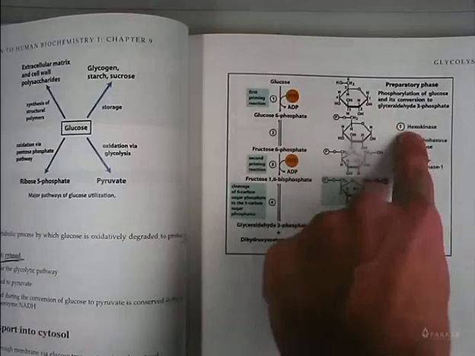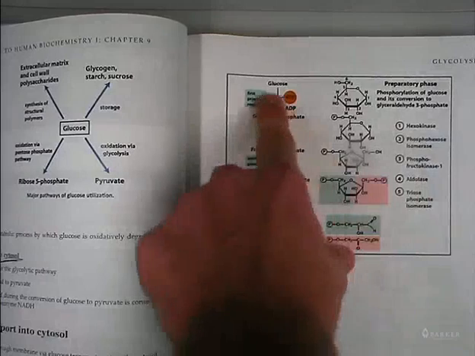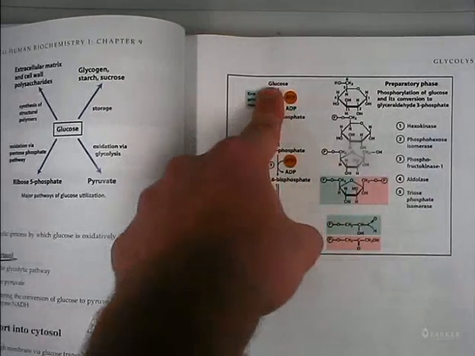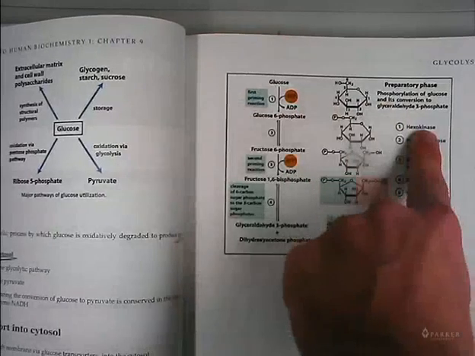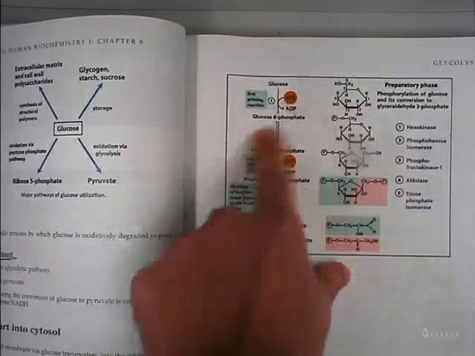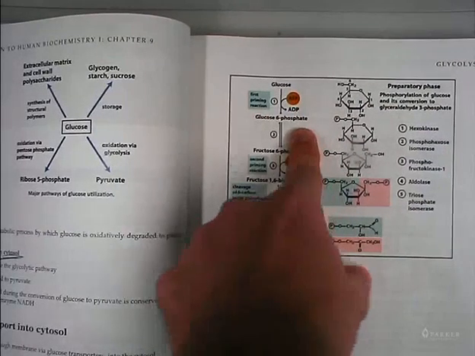Hexo meaning 6. Kinase just means the transfer of a phosphate. So we can see that glucose, and we'll learn this later, glucose is a 6-carbon sugar. So hexo, 6-carbon sugar. Kinase meaning we're transferring a phosphate. We're transferring this phosphate from ATP onto glucose, making glucose with a phosphate on it.